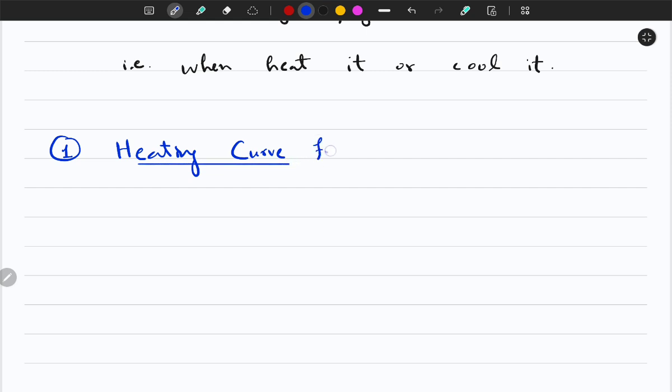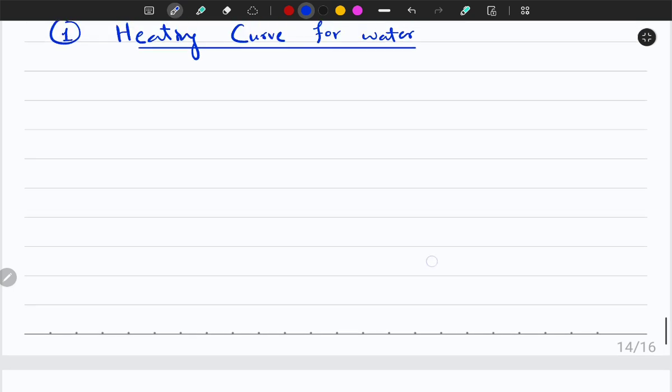So the best example is water. So let's try to draw this. Okay, this is a graph.